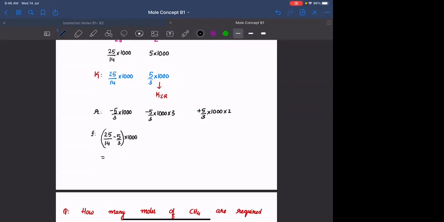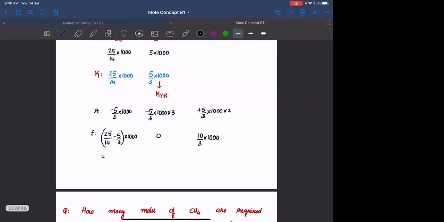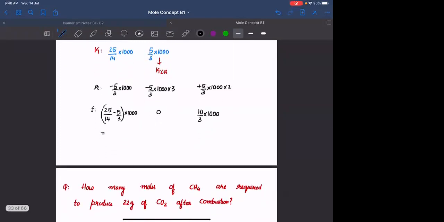anyone tell me the value of this? This is 0.11. 10/3 into 1000. How much? 0.11. Okay, will you tell that in fraction? Simplify it, it is 5/42 into 1000.